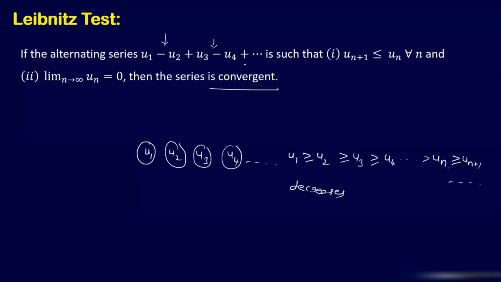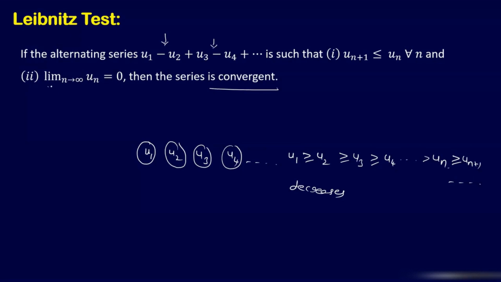When you are given an alternating series, by ignoring the signs, we are only looking at the different terms here. And if those terms are in decreasing order, along with that, if the limit of the nth term as n tends to infinity is 0, then we say the given series is convergent. So this is one simple idea we are using to find out whether the given alternating series is convergent or not. In many cases, as we had seen already, an alternating series diverges.